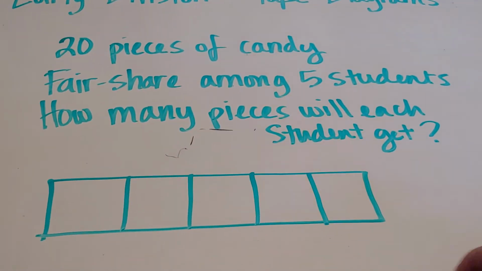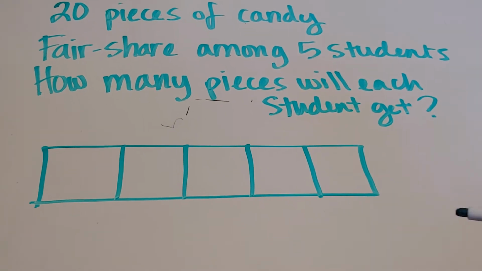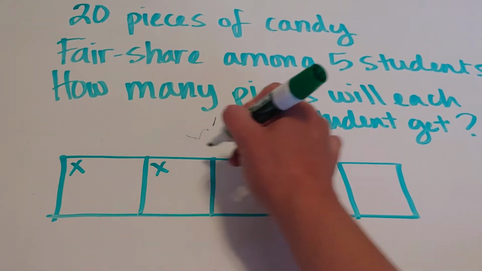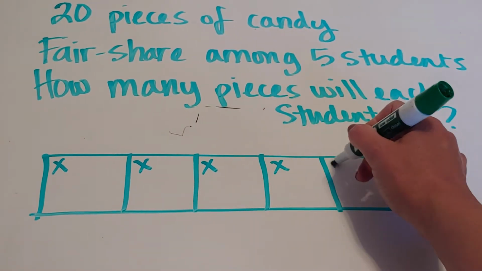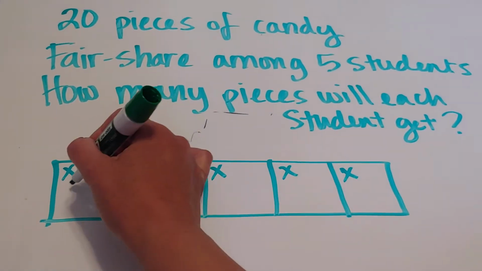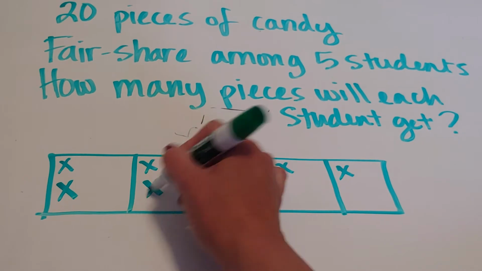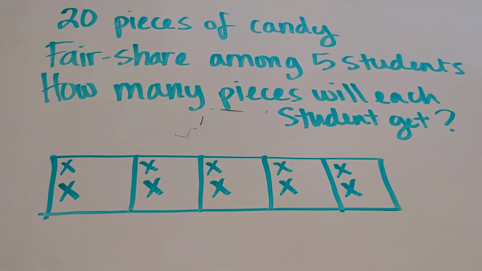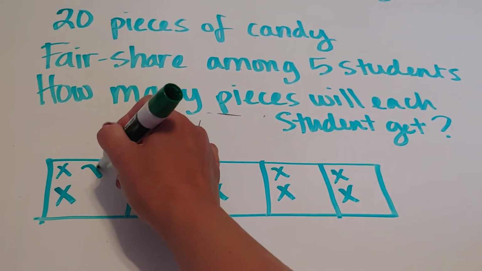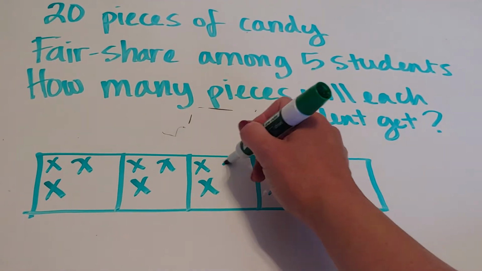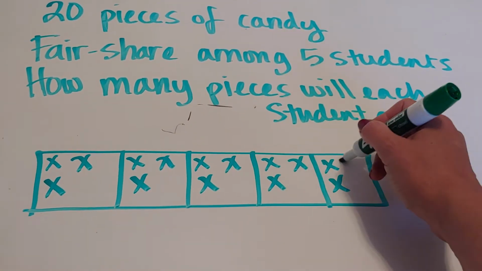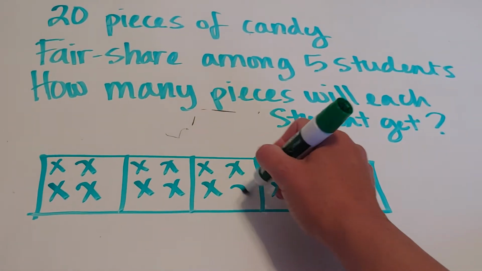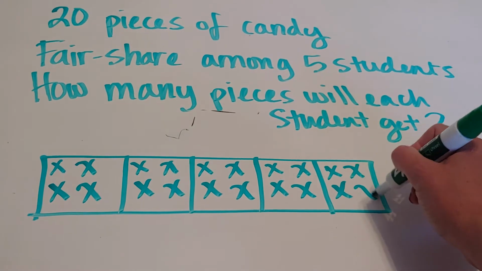Okay, now imagine I have 20 pieces of candy and I start marking it out. So this person gets 1. Each person gets 1 piece of candy. Okay, then each person gets 2 pieces of candy. And right now I'm at 10. Okay, 11, 12, 13, 14, 15, 16, 17, 18, 19, 20.